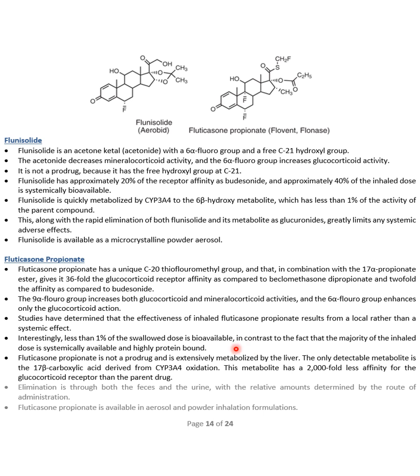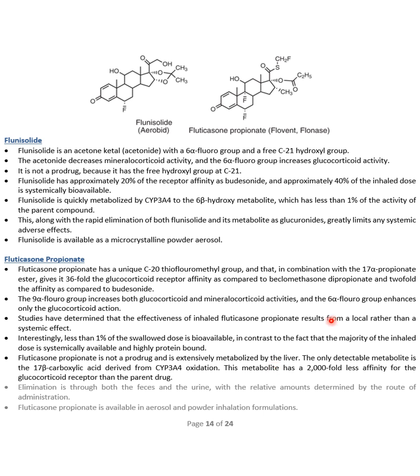But because only 1% of the drug is bioavailable, since it passes through the first pass effect in the liver, it's extensively metabolized and eliminated from the body. So the small amount that remains locally in the lung is what produces the effects.